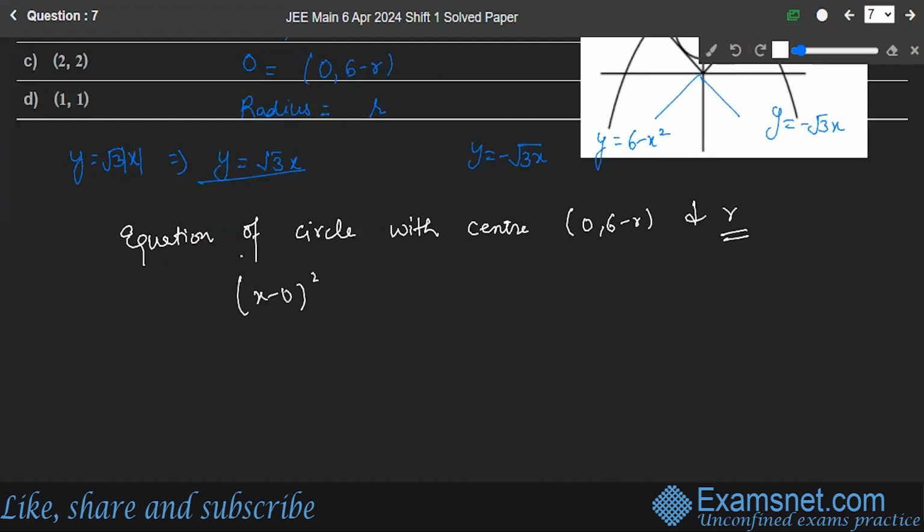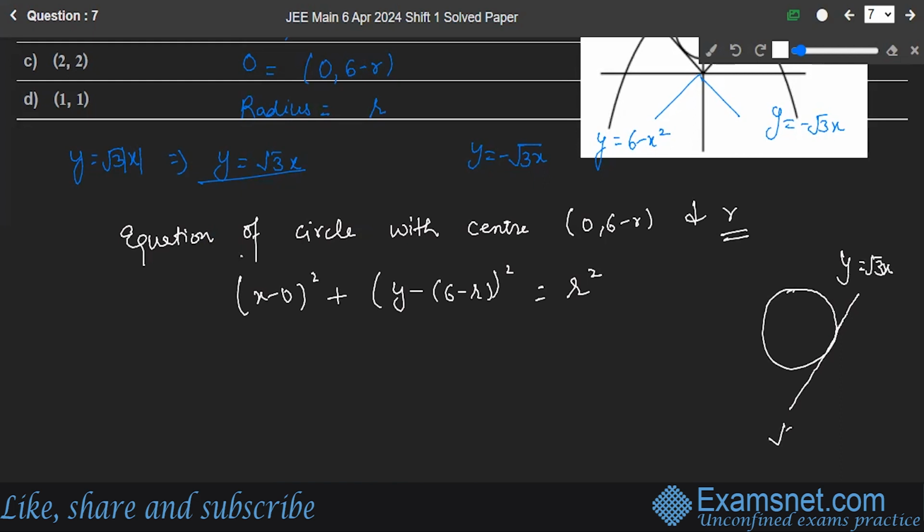This will be given by 0 minus x whole square plus y minus (6 minus r) whole square is equal to r square. Also, notice one thing, this is the line, and this was your circle. You can take either side of the line: y is equal to root 3 x, or root 3 x minus y is equal to 0. This line is tangent to the circle.